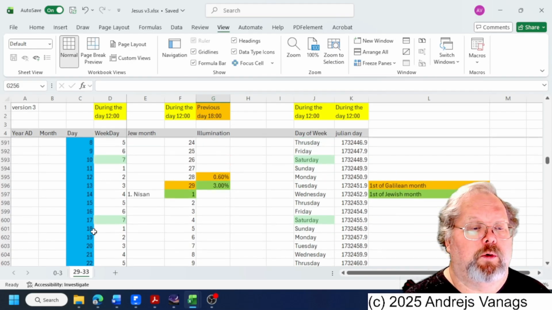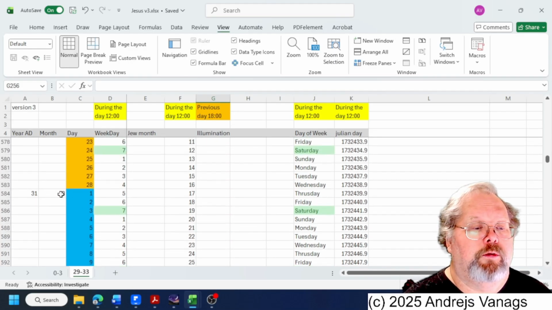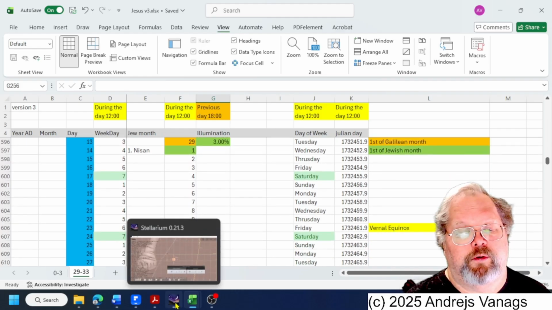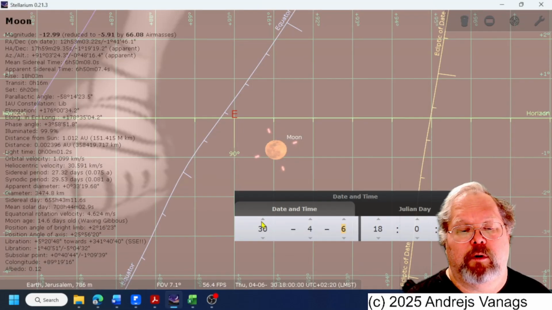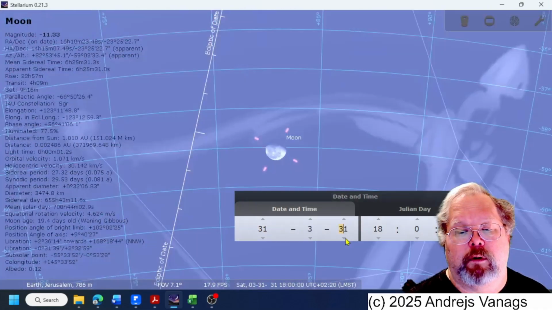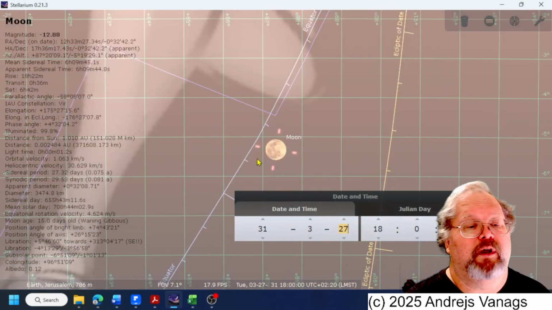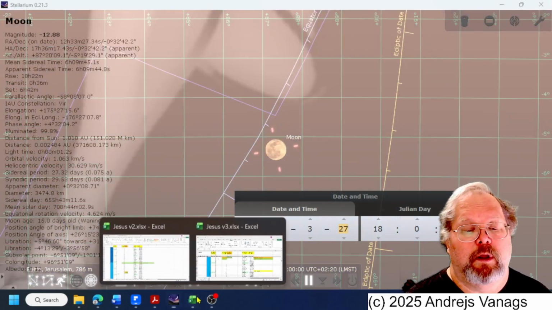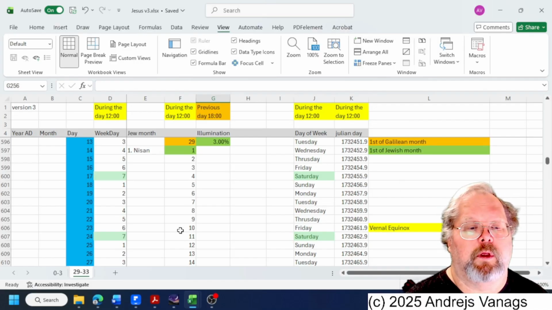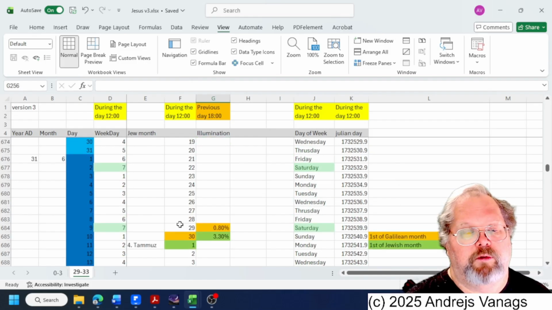So it'll be around 31/3/27 or so. You had a full moon. And in this case, the full moon is still after the vernal equinox. So we're still okay.